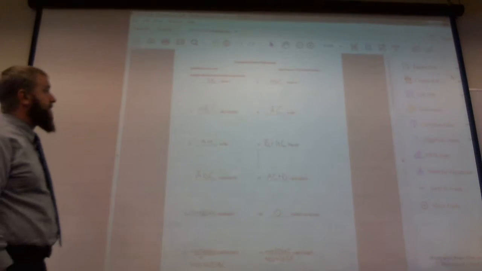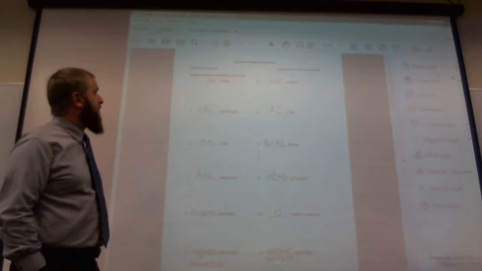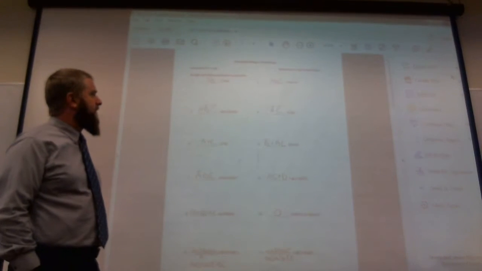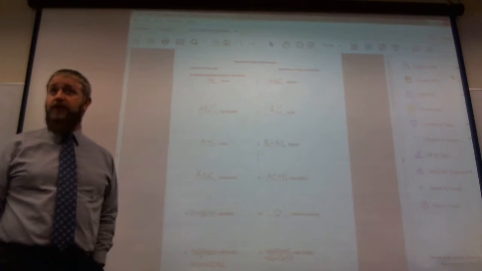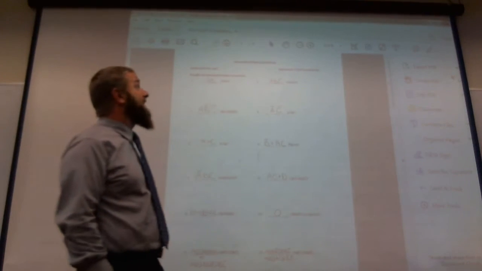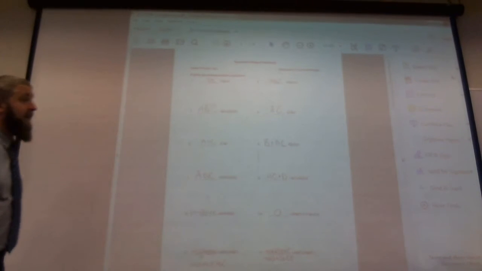So I said Friday on this, but I thought we would at least take a look at the answers on this first page. So this is the absorption version and absorption and common identity versions of exclusive OR. So what did we say last time?